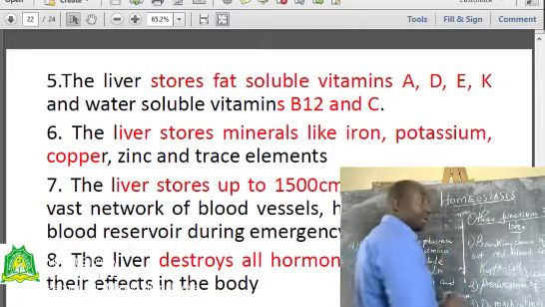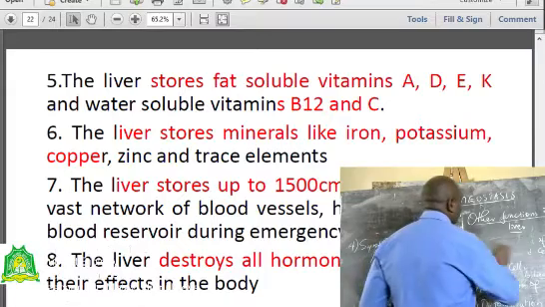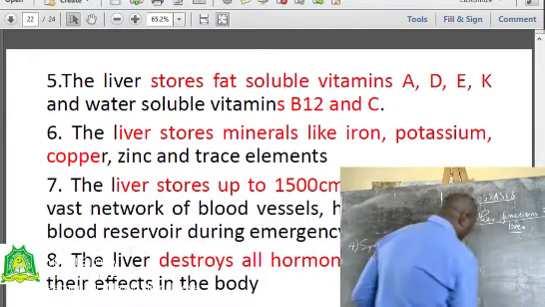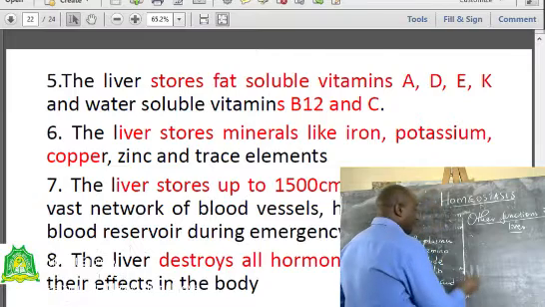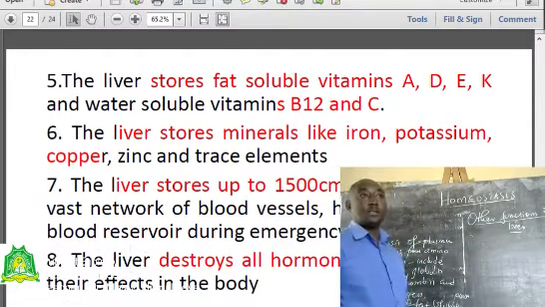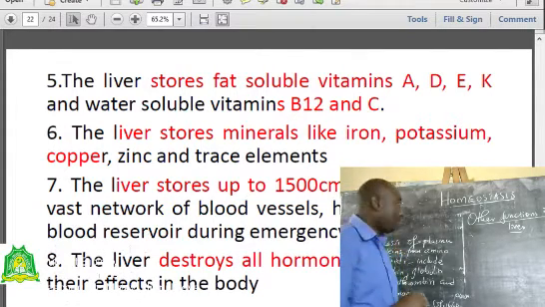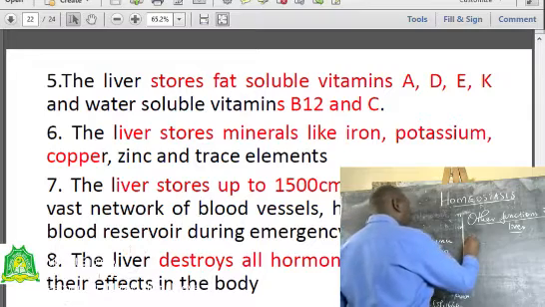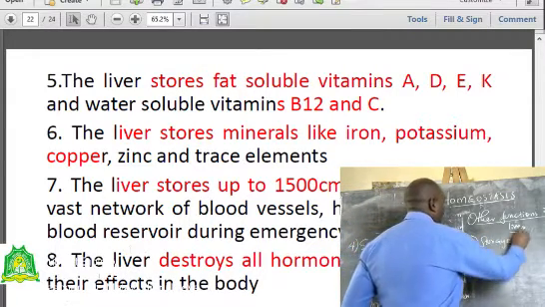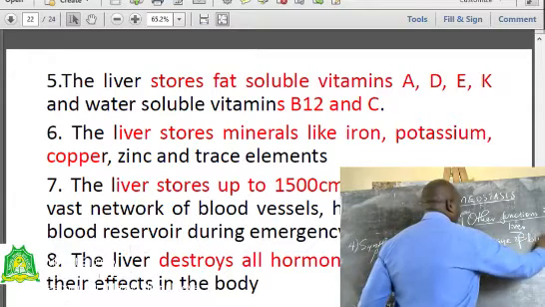It also stores blood. So please, dear learner, keep on noting down. Also stores blood. So in relation to its structure, what are these adaptations that allow it to store blood? So number 7 is storage of blood.